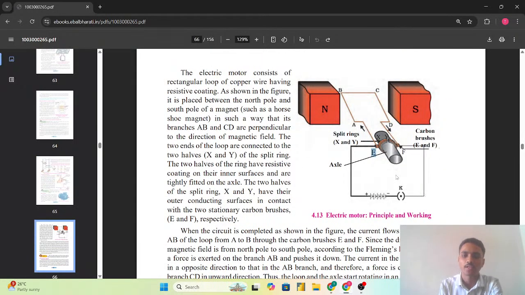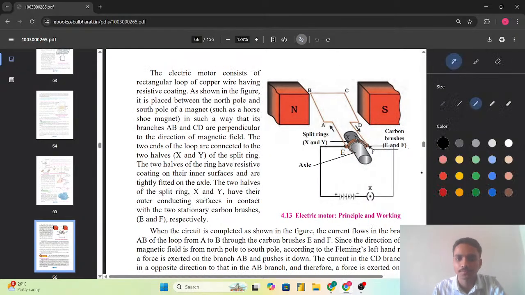So the direction of the current will be as such, and the force on the rectangular coil will be in the upward direction. So the rectangular coil will move in the upward direction.